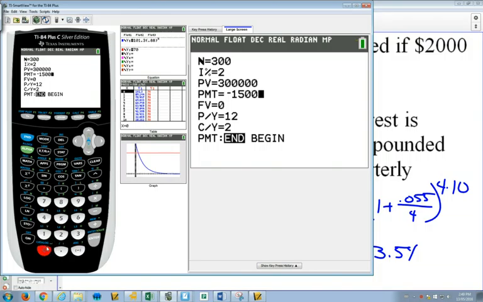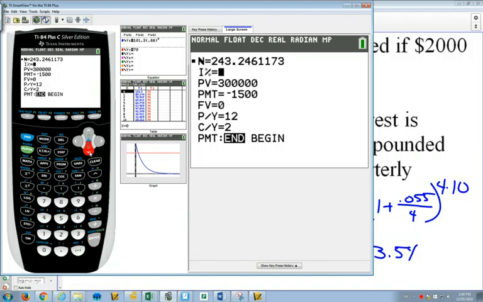So you up your payments to $1,500. Because you do that, it now takes you about 5 years less to buy your house.